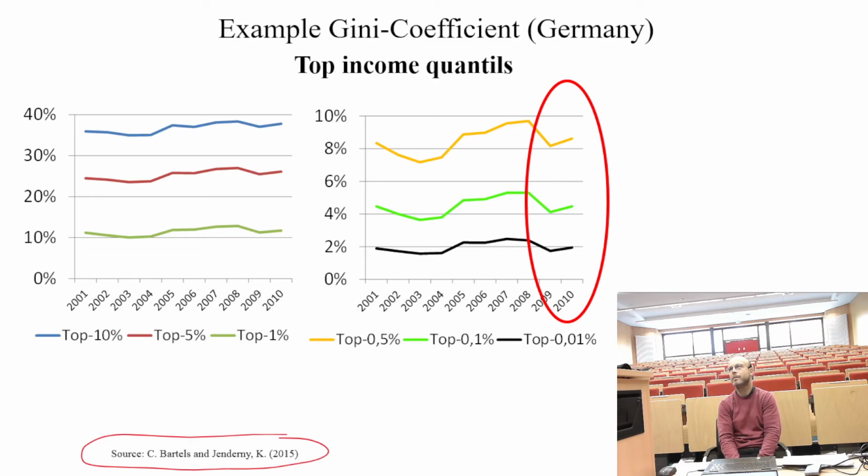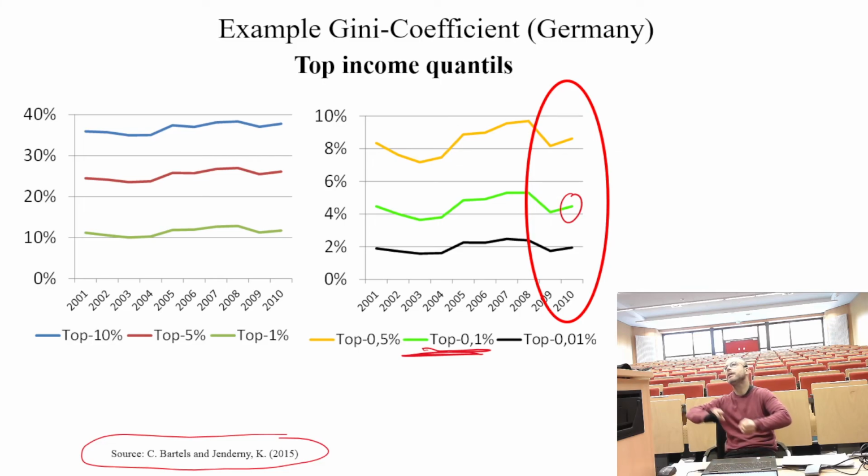And here, what is maybe not that surprising is that if you take the top promille of the German society, so the 0.1% richest people in Germany, they have roughly 4% of the total income of Germany.